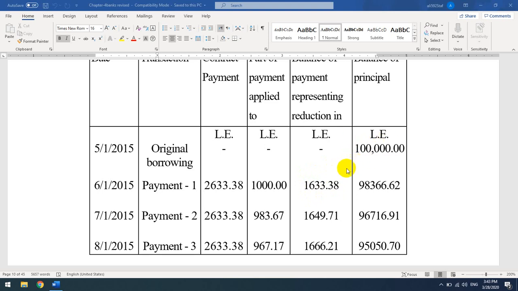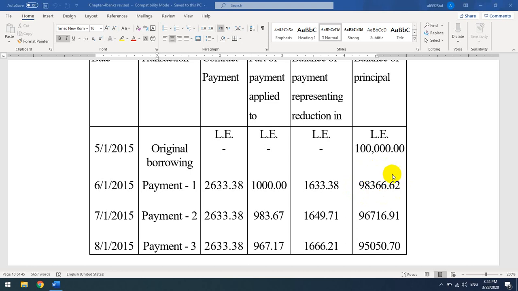So the balance of the mortgage loan by the end of May, or on the first day of June, will equal 100,000 Egyptian pounds minus 1,633.38, remaining 98,363.62.